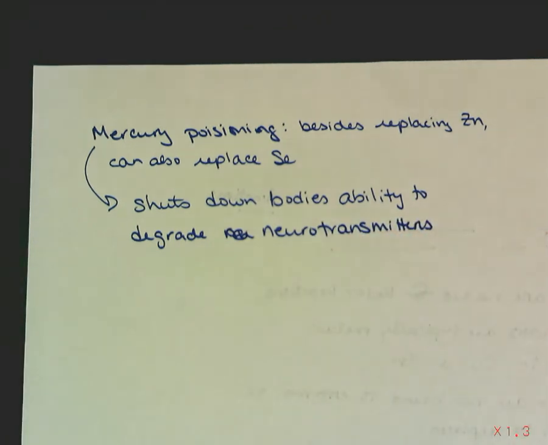Mercury poisoning has the largest effect in that it shuts down the body's ability to degrade neurotransmitters, such as epinephrine, dopamine, some of those other ones.